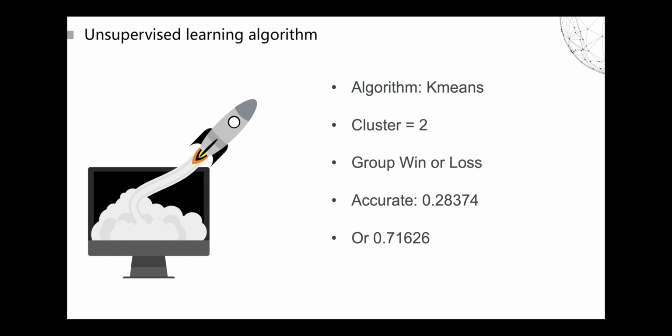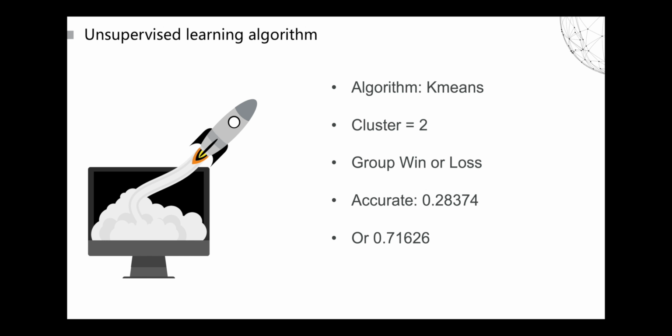For unsupervised learning, the input data is not labeled and doesn't have a known result. So the algorithm I chose is k-means, and I set the number of clusters to two. What I want to achieve is for the data to be divided into a win group and a loss group.